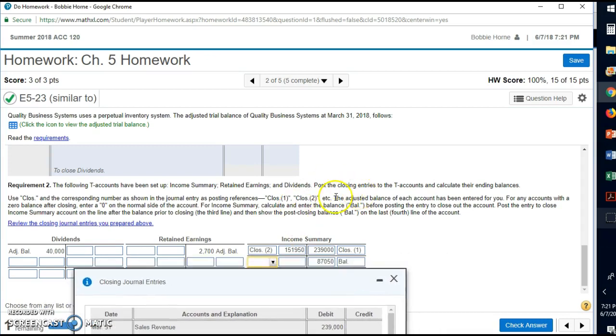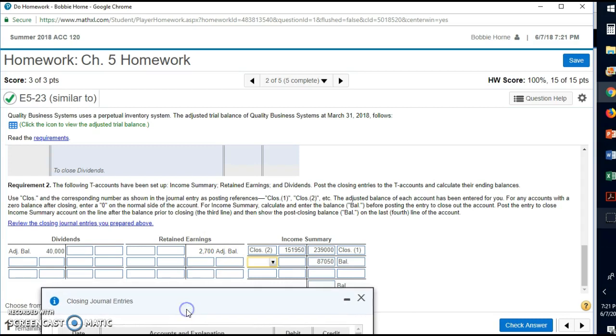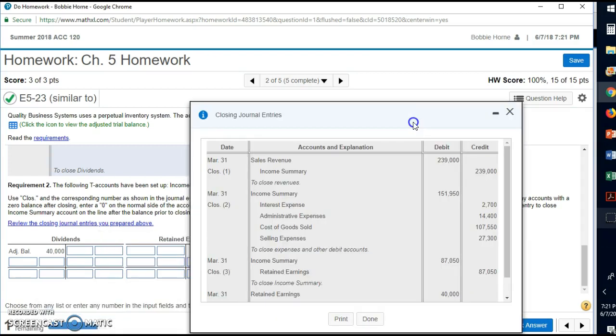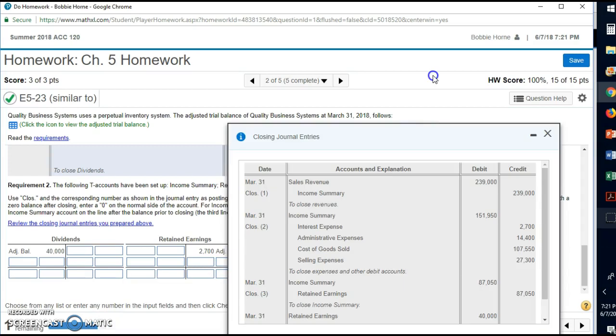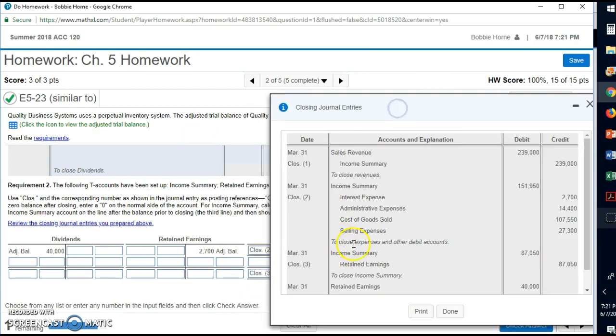It says for income summary, calculate and enter the balance before posting the entry to close out the account. Post the entry to close the income summary account on the line after the balance prior to closing. So we want to do our third entry here, and then our balance is zero. And then for dividends, let's do retained earnings.